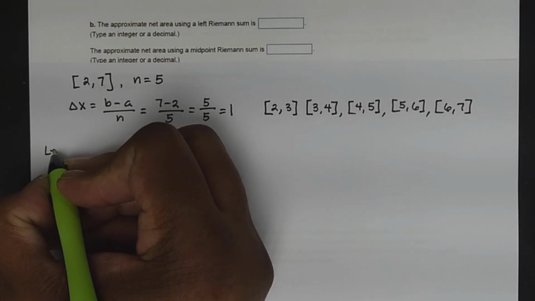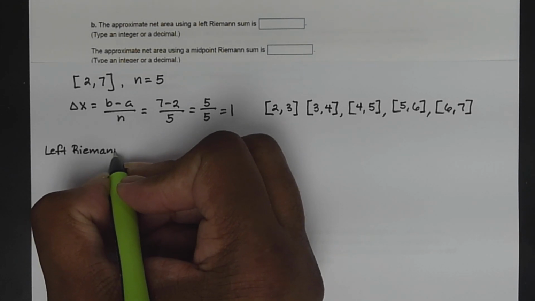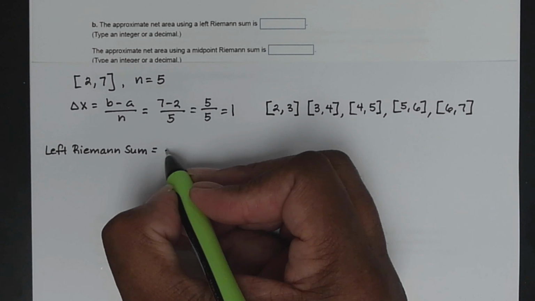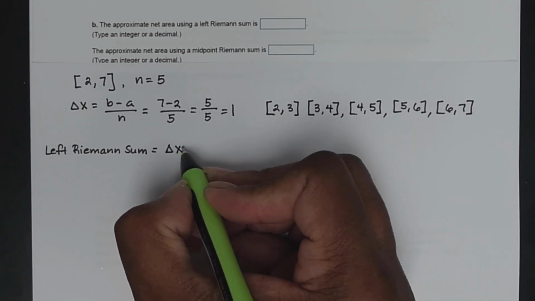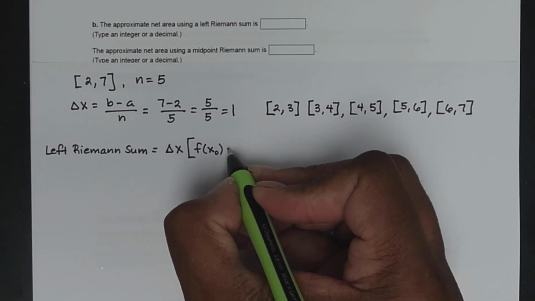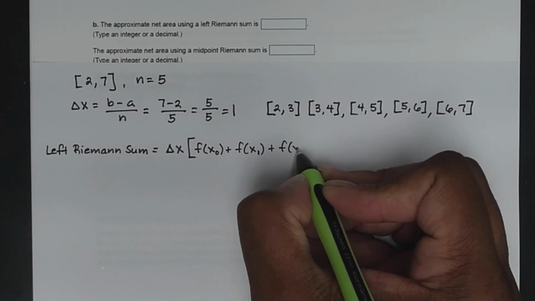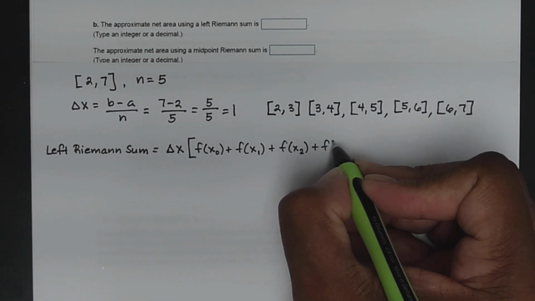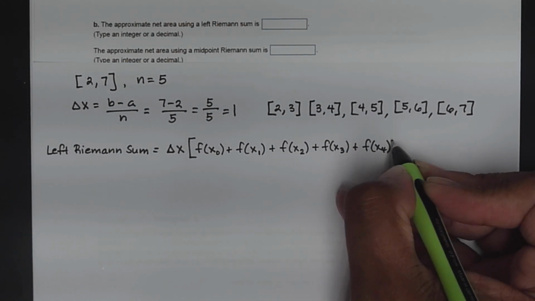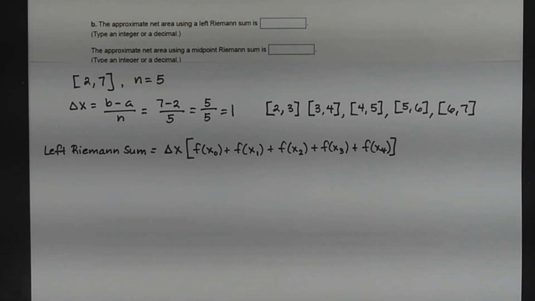All right, next I'm going to find the left Riemann sum. The way we do that is, of course, we do delta x times f of x0 plus f of x1 plus f of x2 plus f of x3 plus f of x4. For the left Riemann sum, we look at our left endpoints for each of these subintervals.